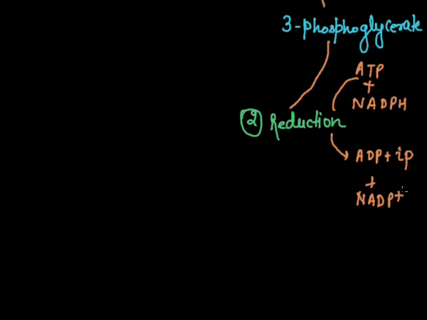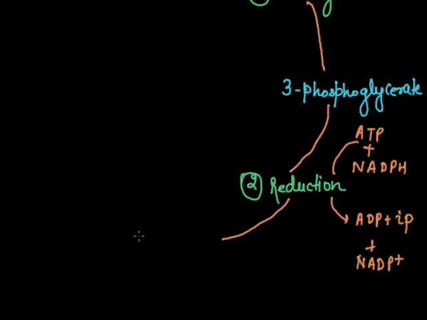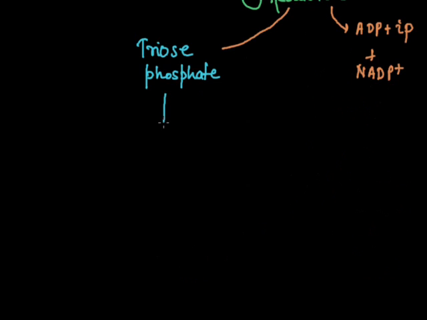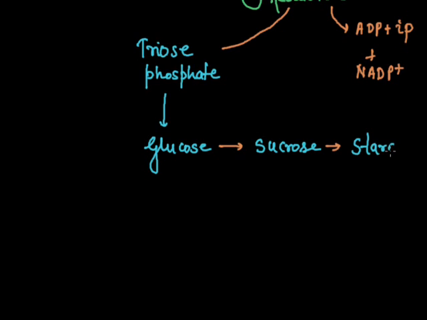So hydrogen is removed. After reduction, triose phosphate is formed. This triose phosphate synthesizes glucose. It converts into sucrose. Then it is stored in the form of starch in the plant.